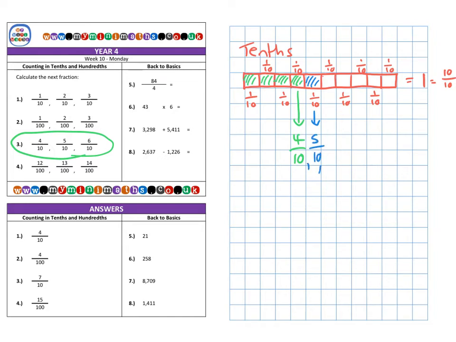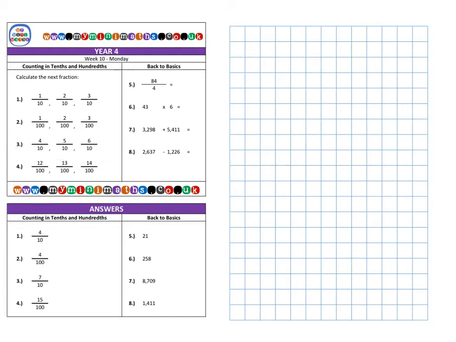Then if I add another tenth here, I have 6/10. And then I'm going to add on one more to continue this, for a final answer of 7/10. So I had 6 slices out of the 10 for the full pizza, added another one to it, so I get 7/10 altogether.